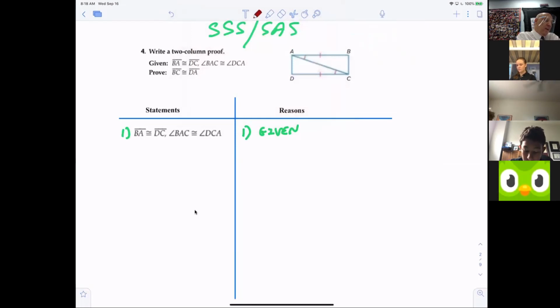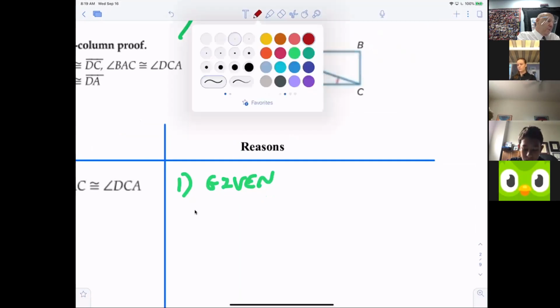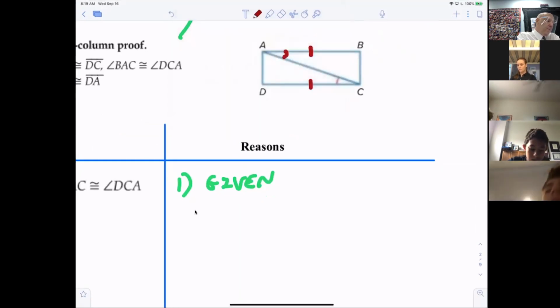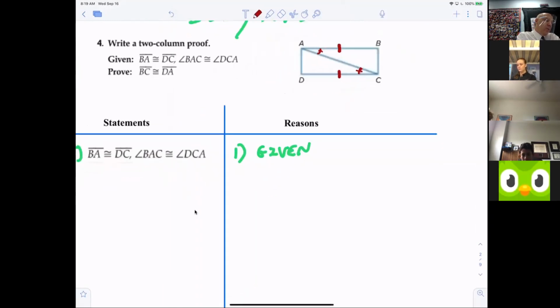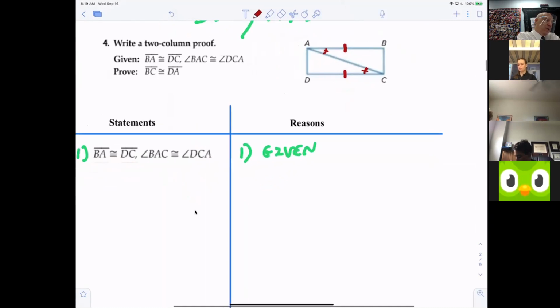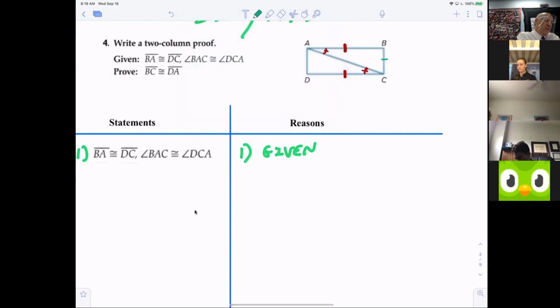So BA, yep, is congruent to DC, and BAC is congruent to this angle. Now what we're trying to do is prove that BC is equal to DA.